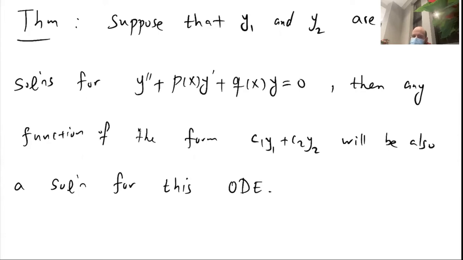For this ODE, I mean the ODE that is given here. So let's say we have a homogeneous ODE. This is a homogeneous ODE because the right-hand side is 0. And let's assume we have two solutions for it. So y1 is a function, y2 is also a function.